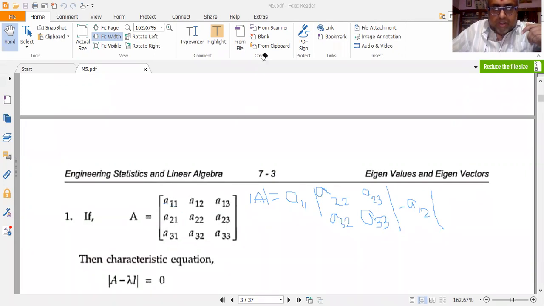It corresponds to the first row and the second column element of matrix A. So delete the first row and the second column of matrix A. Then the other elements which are not under deletion corresponding to A12, arrange them in the form of another 2x2 determinant. So A21, A23, A31, A33 I have.